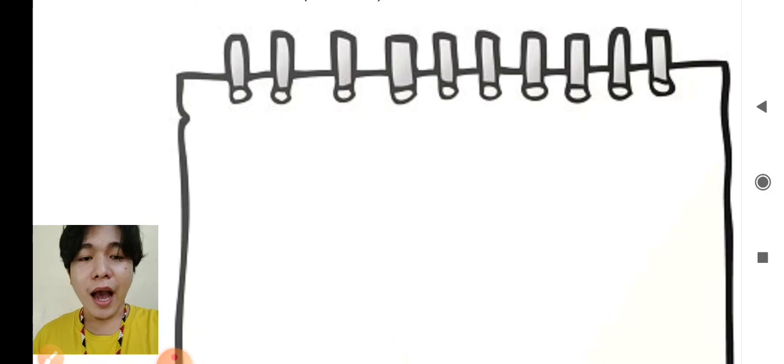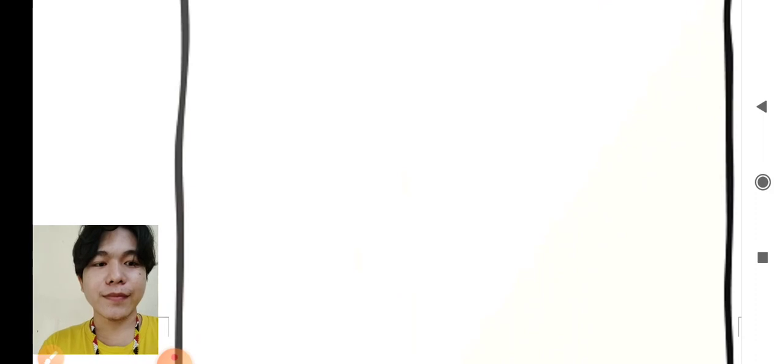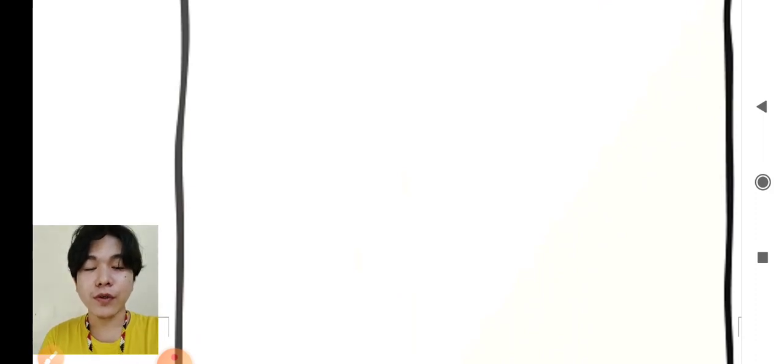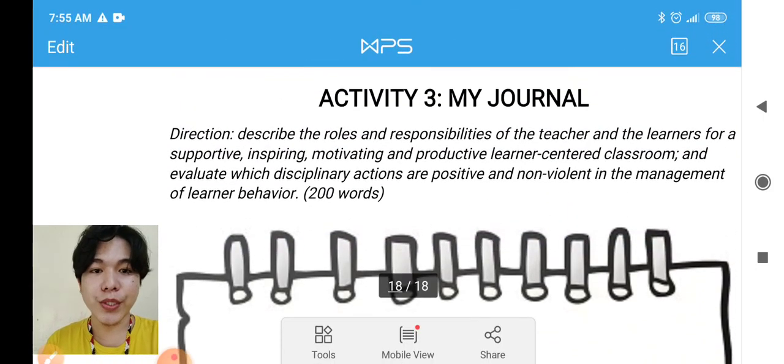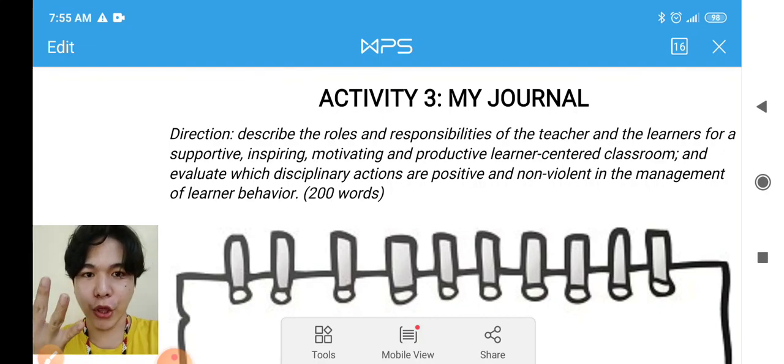With this, I will and so on. So you contextualize it with what you have learned. Okay? So, don't forget, at least 200 words. So, those are the things that you need to remember in the assessment of Unit 3.